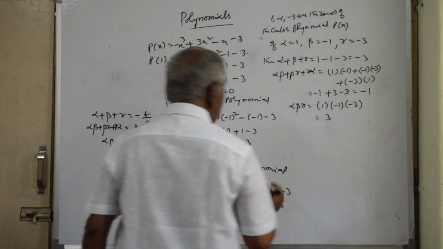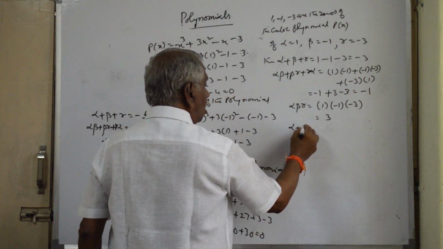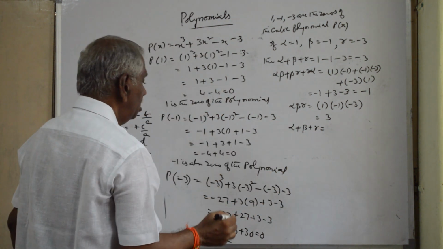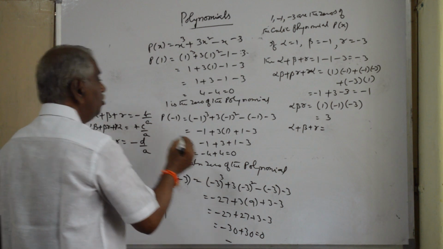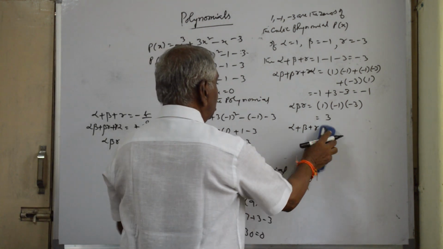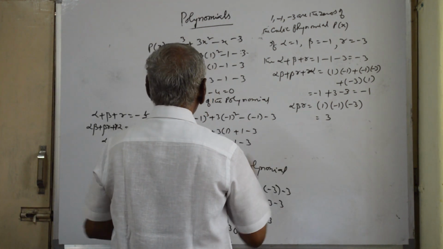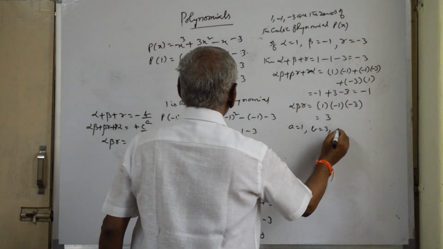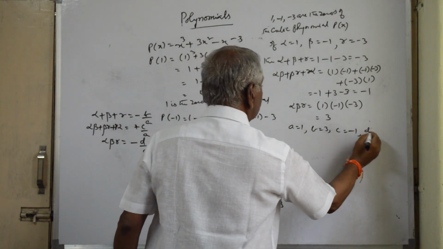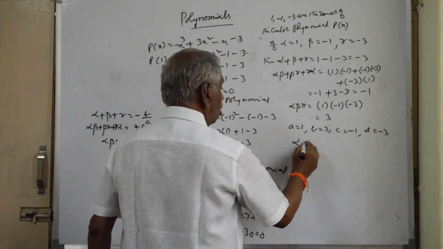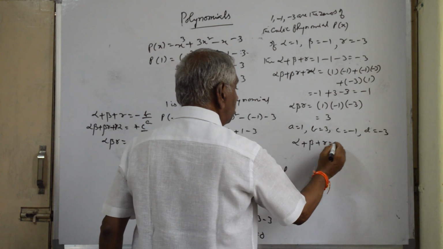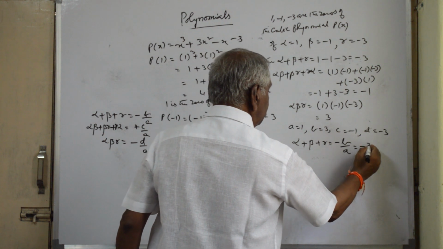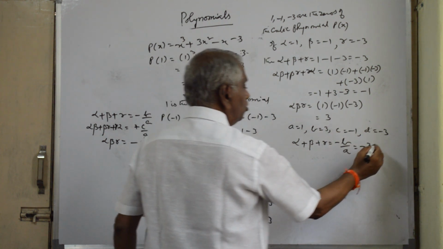By using this formula, when you compare this expression, what is A here? A is equal to 1, B is equal to 3, C is equal to minus 1, D is equal to minus 3. Now alpha plus beta plus gamma is equal to minus B by A, which is minus 3 by 1, which is equal to minus 3.